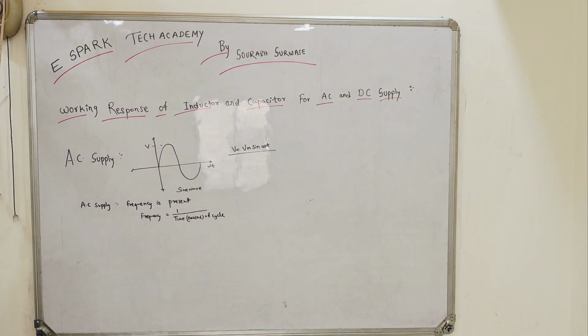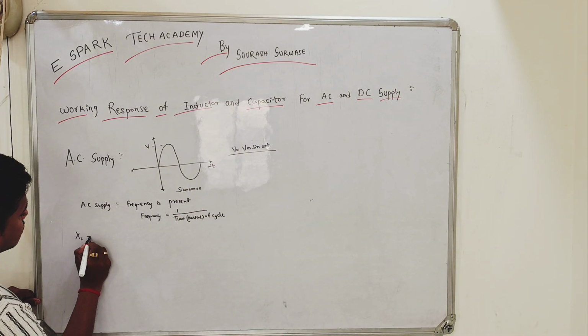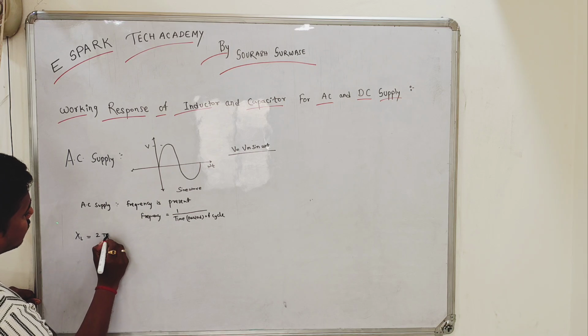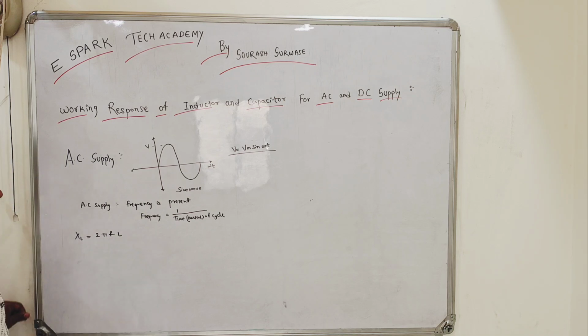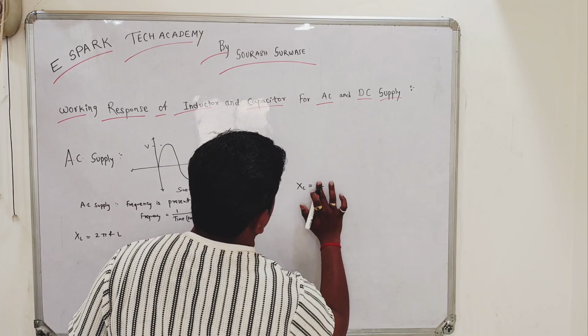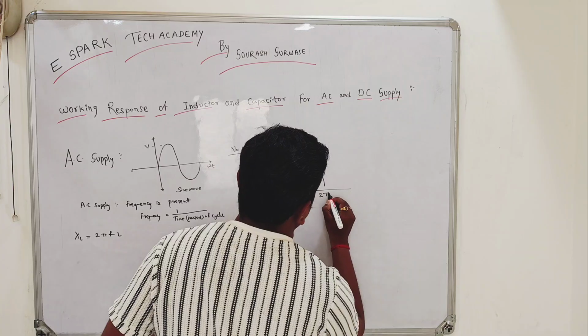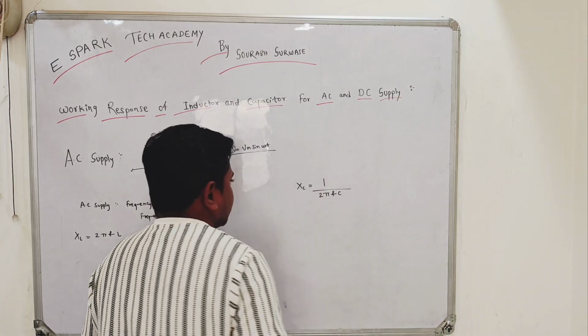Now you know the formula of XL. XL is nothing but 2 pi F and L, and XC is nothing but 1 upon 2 pi FC.